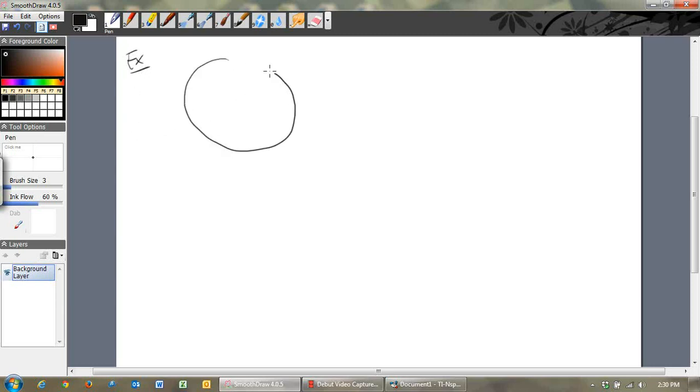So we've got a circle, and let's say we've got that. What we want is a segment area. So there's our sector, and what we want to know is this area in here. Okay, so our segment area there, and I'm just going to make up numbers again.